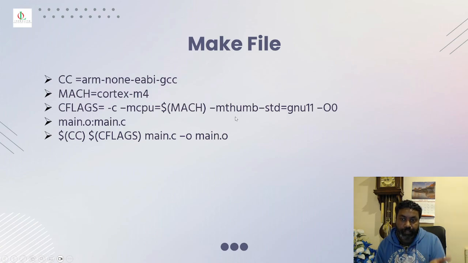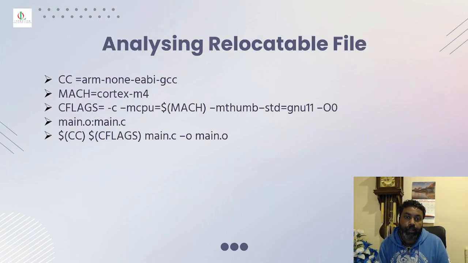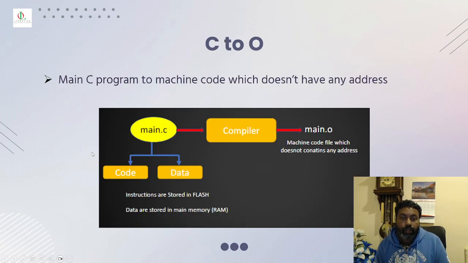This is the one we just did in the command prompt, and you need to create main.o from the main.c, and these are all the flags that you need to use. So this is just to make a file through the command prompt for analyzing and relocating the files. So this is how the compilation to object file processing takes place.